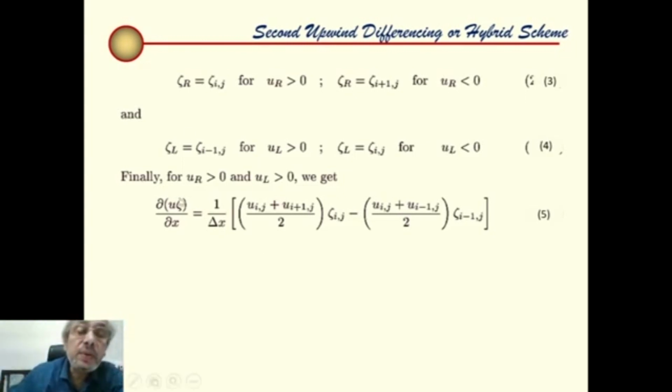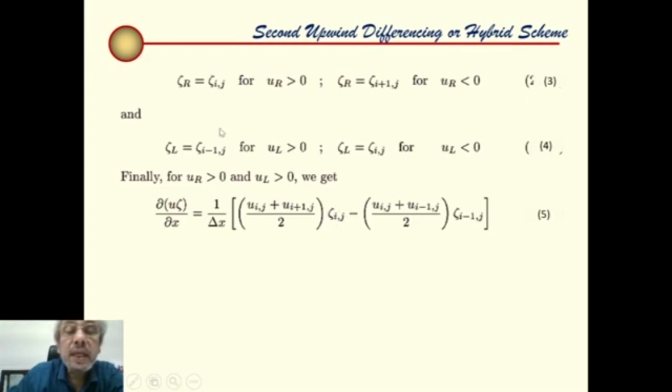Now in this example which we have worked out, we have taken u_r positive and u_l positive. Then what will be del x of u zeta? 1 by delta x: u zeta, u_r is given by u_i,j plus u_i plus 1,j by 2, and if u_r is positive, then zeta_r should be zeta_i,j.